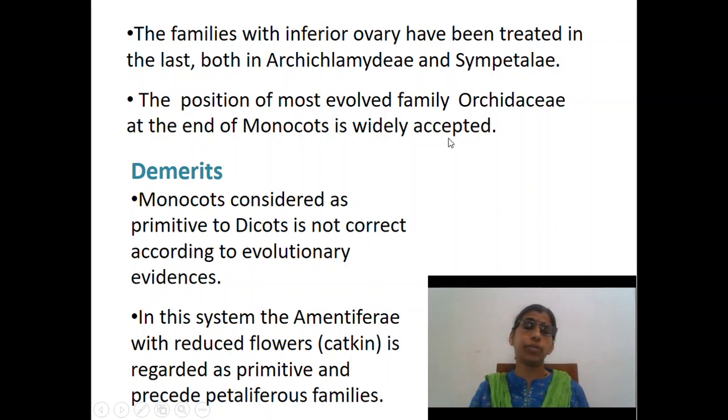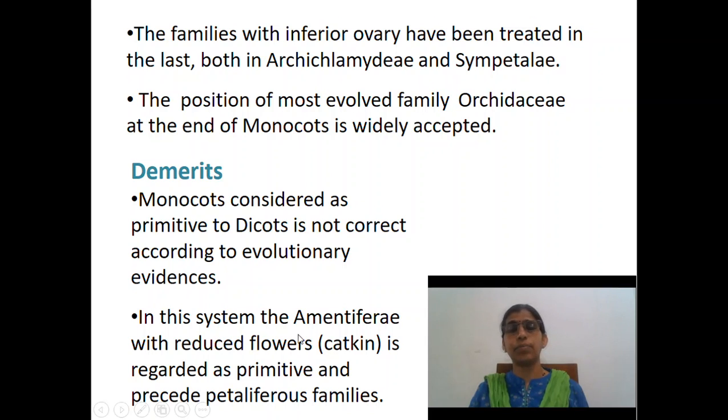Now if we look into the demerits of this system, considering monocots as primitive to dicots is not correct according to the evolutionary evidences. The placing of the order Helobiae between the advanced orders Pandanales and Glumiflorae is also questionable. Arecaceae was placed much earlier than Liliaceae, from which it has been derived.